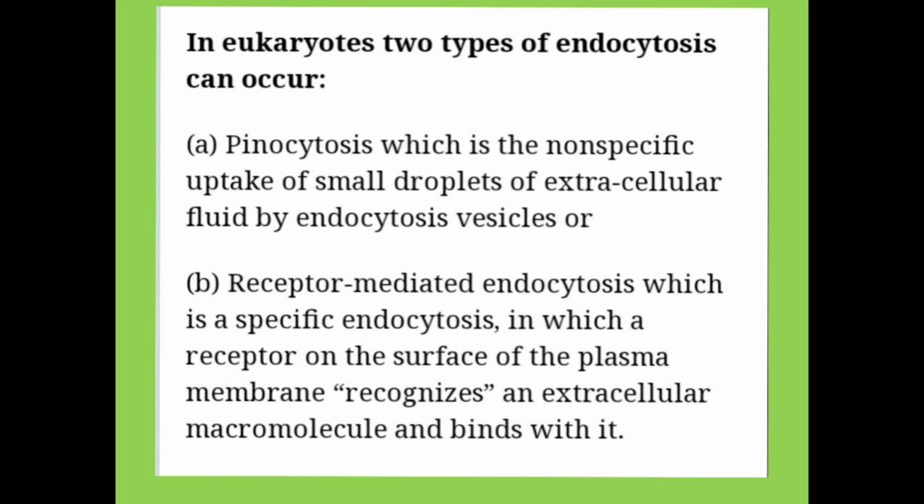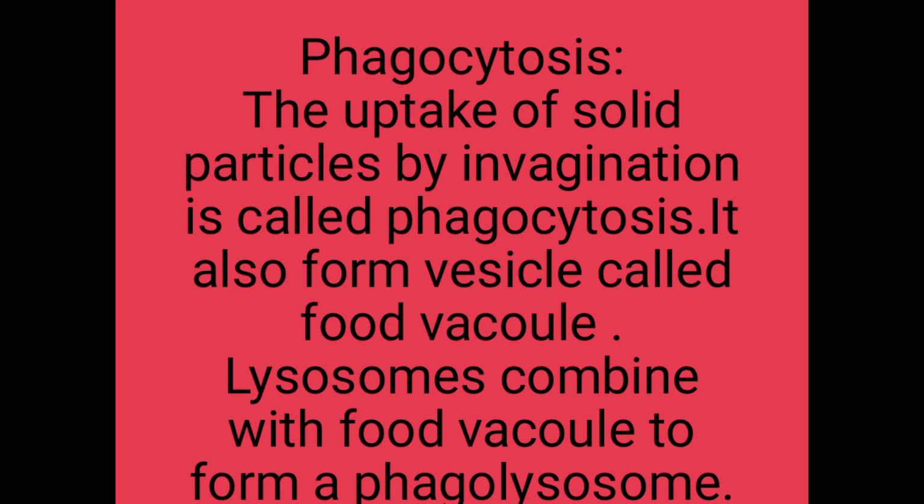Receptor-mediated endocytosis is a specific endocytosis in which a receptor on the surface of the plasma membrane recognizes an extracellular macromolecule and binds with it. Phagocytosis, the uptake of solid particles by invagination, is called phagocytosis. It also forms a vesicle called a food vacuole. Lysosomes combine with the food vacuole to form a phagolysosome.